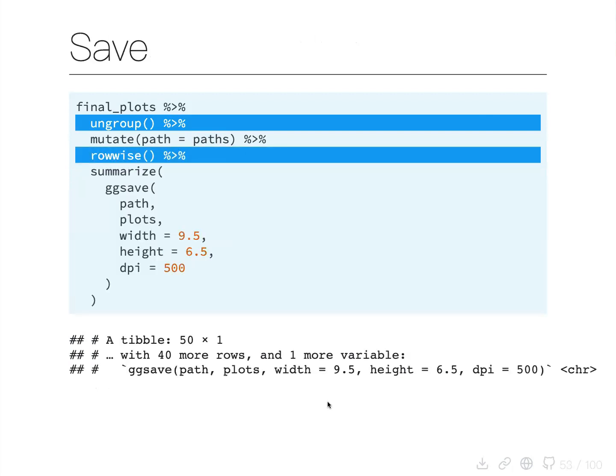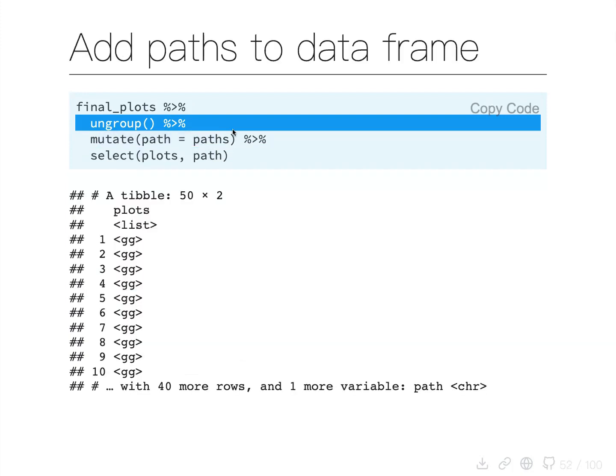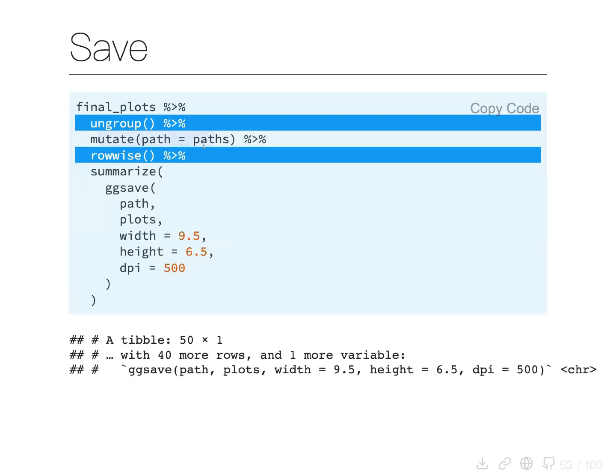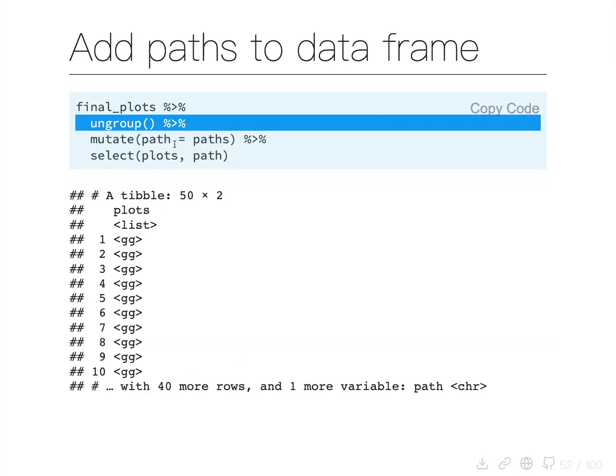Okay. Now to save, this is the part that I think is fairly awkward, but it works. We go final plots, ungroup, because we were in a row. Wait, I don't know why I'm ungrouping there again. Not sure. Oh no, this is all the same stuff as before. Okay. So I'm ungrouping because I was grouped by the newspaper and the label, so that makes it grouping by nothing now.